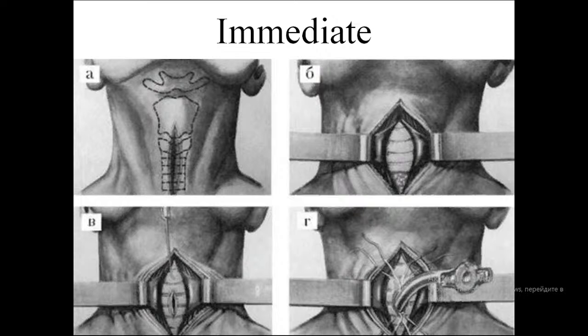For example, the patient has an obstruction of the airways, for example the trachea, and this patient needs to immediately have surgery performed. And in this slide you can see this surgery. Now you can see the incision of the skin and the incision of the trachea. And here you can see the introduction of the tube, the tracheostomy tube.